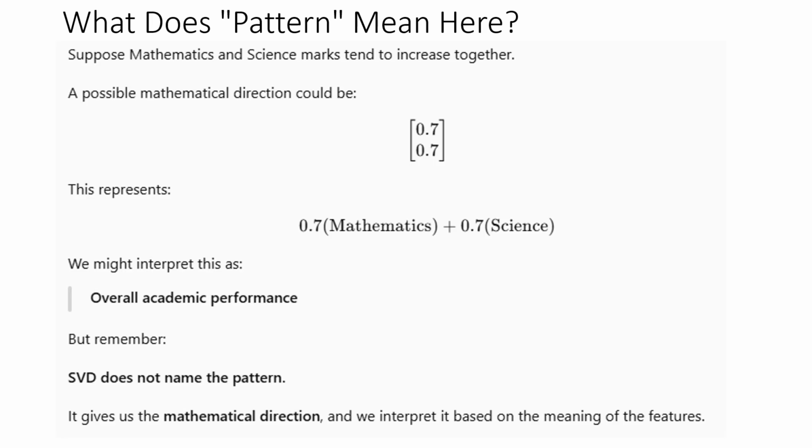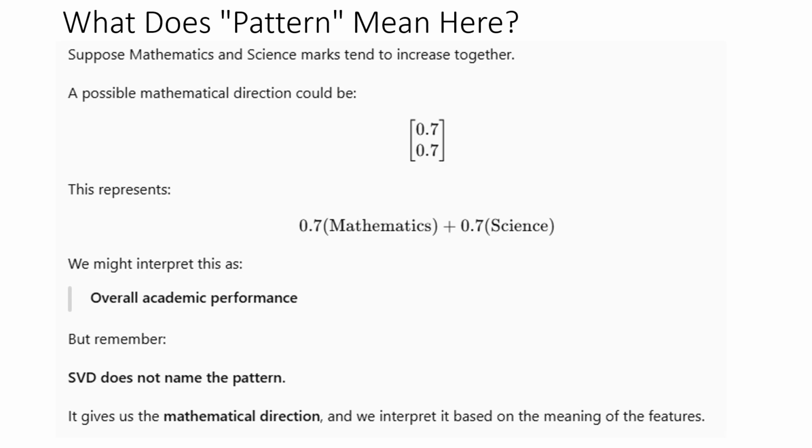The SVD decomposes our original matrix into three matrices as told earlier, into U, sigma and V transpose. So instead of looking at the original matrix directly, SVD gives us three mathematical components that together can reconstruct the original matrix. Now, what does pattern mean here?